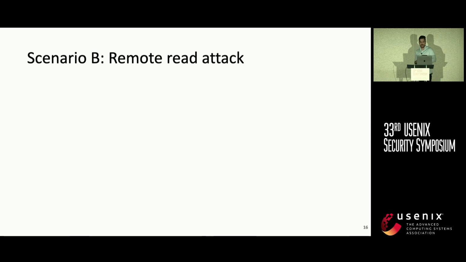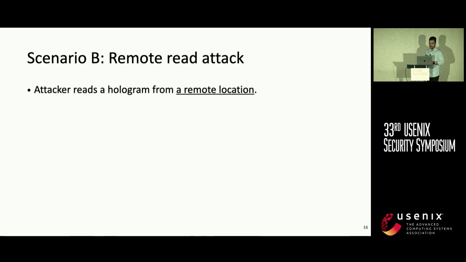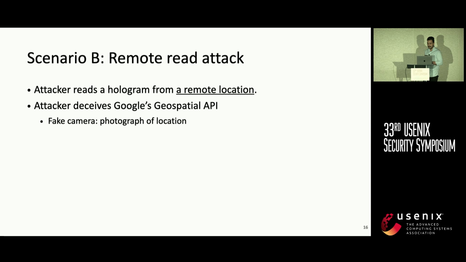In the next scenario, the attacker can just read from the shared state, and the attacker wants to remotely read the hologram from the shared state. To do that, the attacker deceives Google's Geospatial API by providing fake camera input, which is the photograph of the location, and at the same time, fake GPS information.